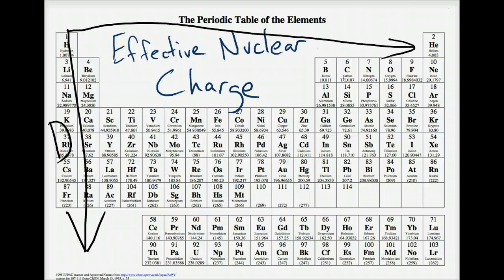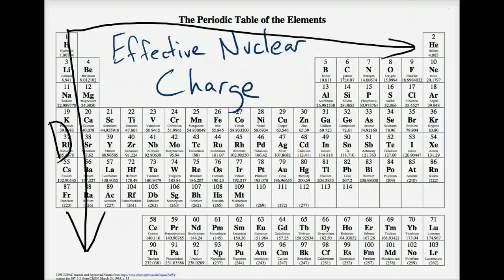What are we adding as we go from H to HE, or better yet, we might want to take lithium, beryllium, the second row. Lithium, beryllium, boron, carbon, nitrogen, oxygen, fluorine, neon. As we go through that row, we're adding both a proton and an electron. We're going to ignore neutrons for right now. We're adding a proton and an electron at every click of the way, every tile of the table. And we're not adding any extra energy levels.